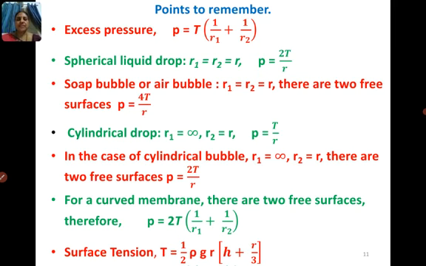The surface tension by the capillary rise method, T is equal to 1 by 2 rho g r into (h plus r by 3), where rho is the density of the liquid, g is the acceleration due to gravity, r is the radius of the capillary tube, and h is the height of the liquid in the capillary tube.